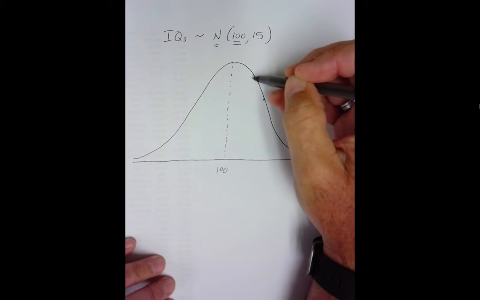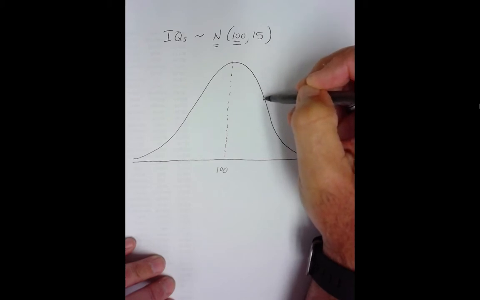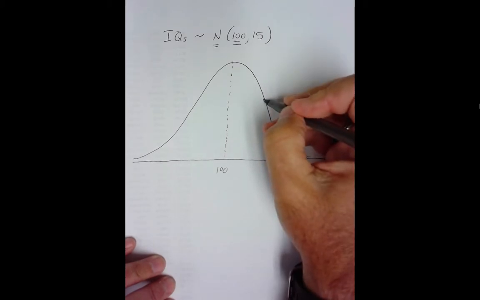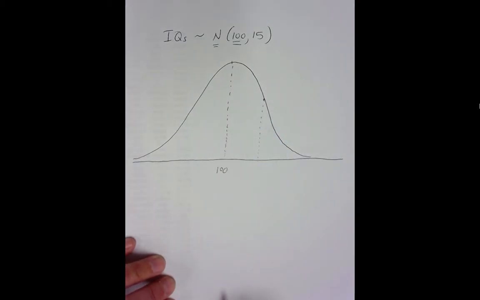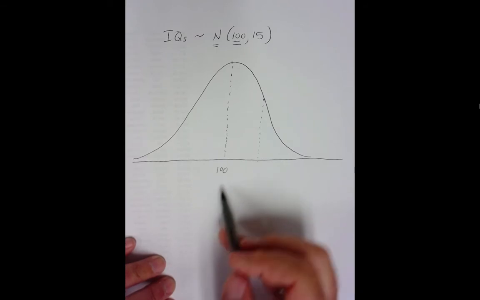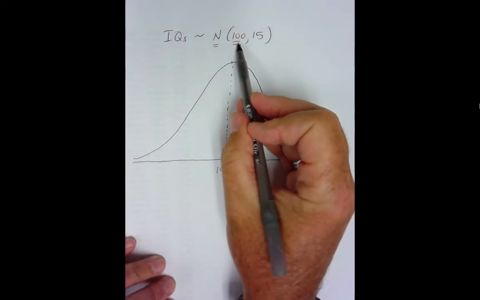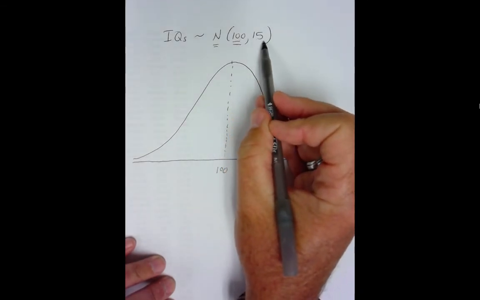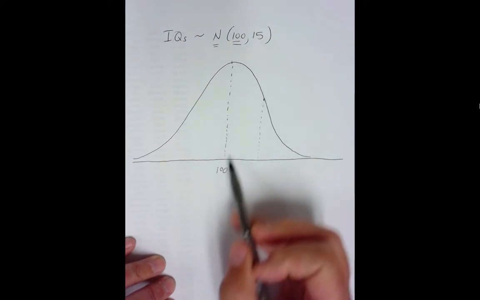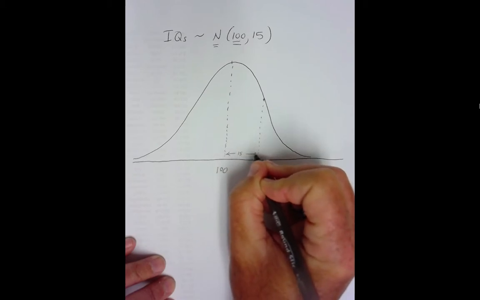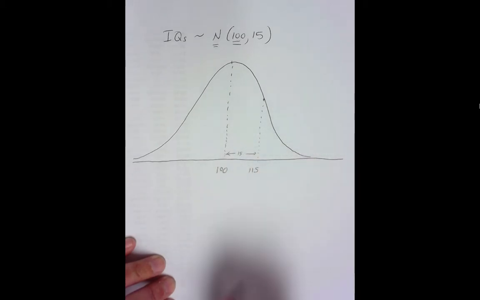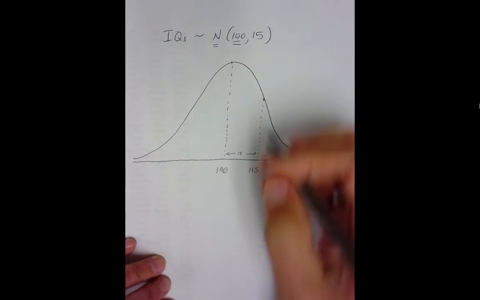If you come to the middle of that straight line and draw a point and drop that down to the horizontal axis, that is one standard deviation above the mean. Well, if I have 100 centered plus 15 units above the mean, that's the distance from here to here, then I know that this value has to be 115.